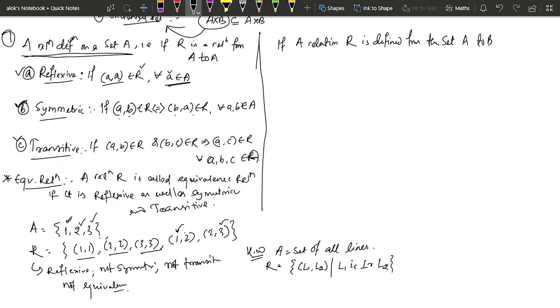So you have to identify whether it is reflexive, symmetric, transitive, or an equivalence relation. Okay, so this is a homework.